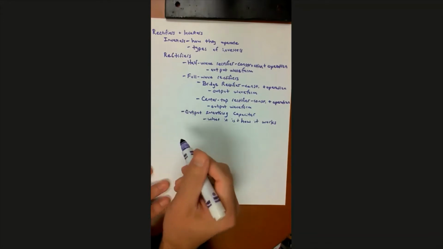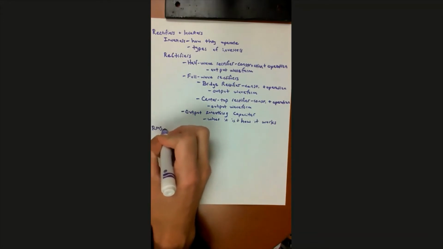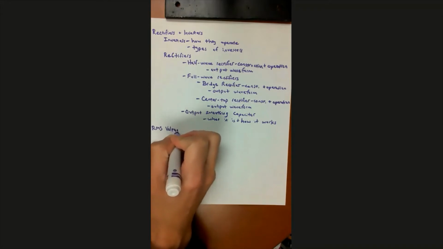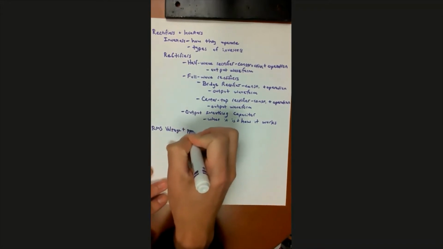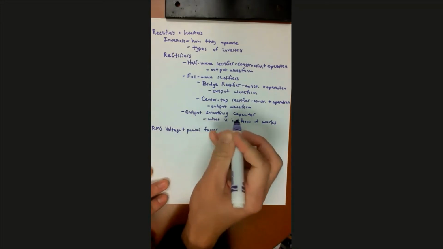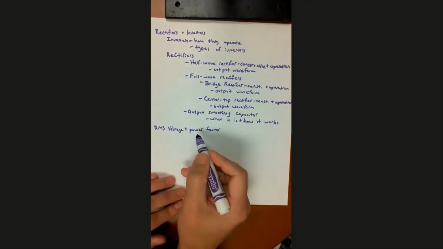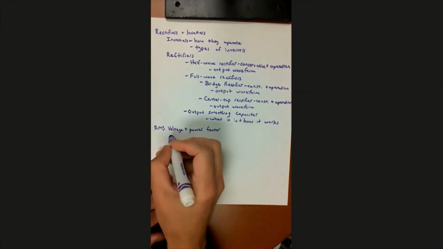The last thing we talked about in the previous class was RMS voltage and power factor. And there were a few other things that we had to define first before we could understand what power factor was. The first thing was RMS voltage.